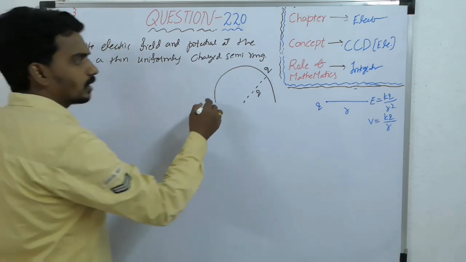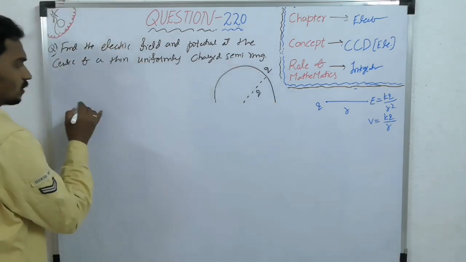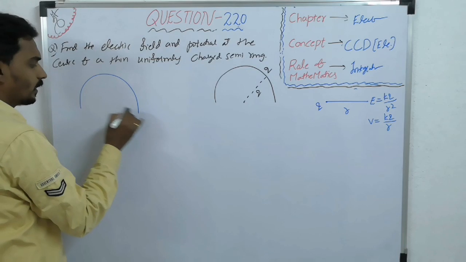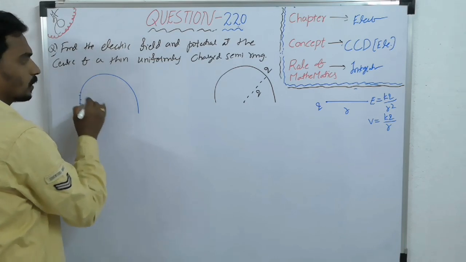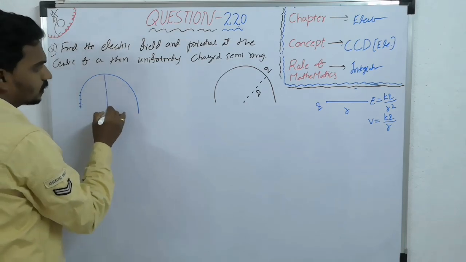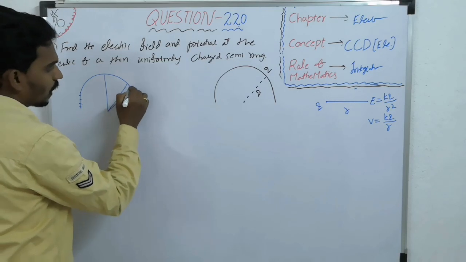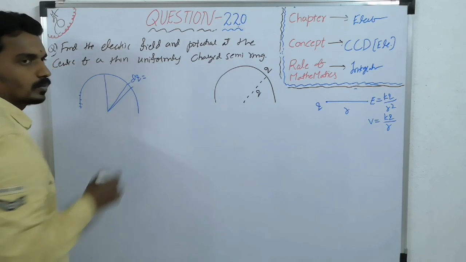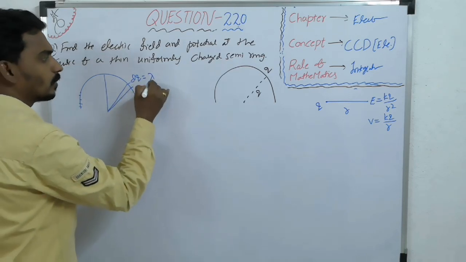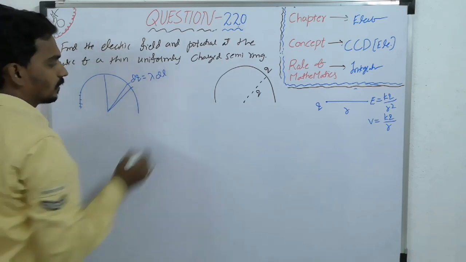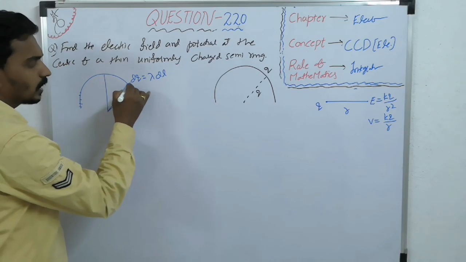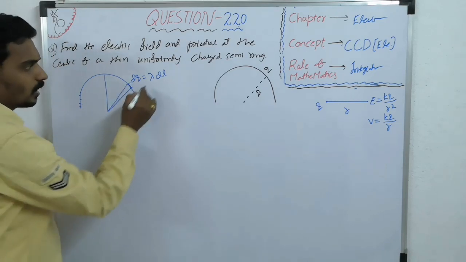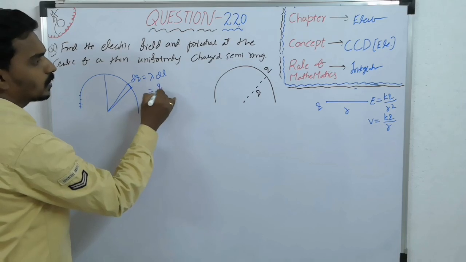But here, continuous charge distribution means you will divide it into small pieces. Now consider one such small element whose charge is dq, where dq will become lambda dl, where dl is the length of the element. Now lambda is charge per unit length.